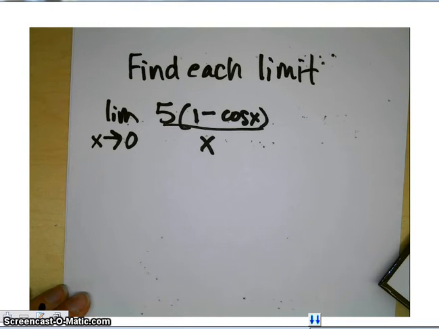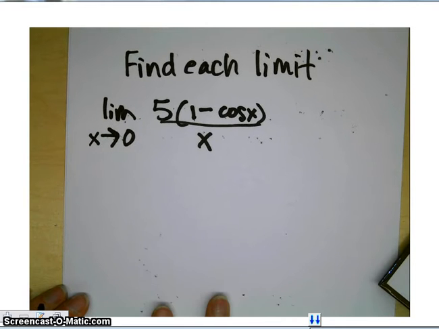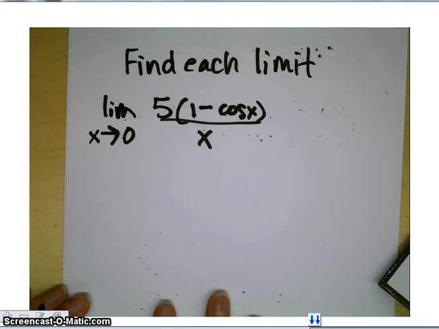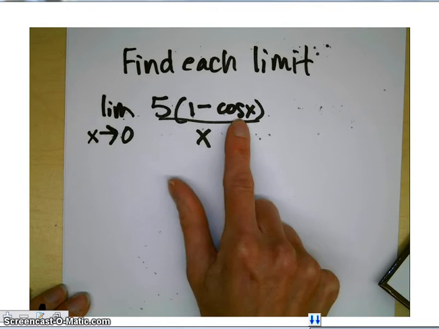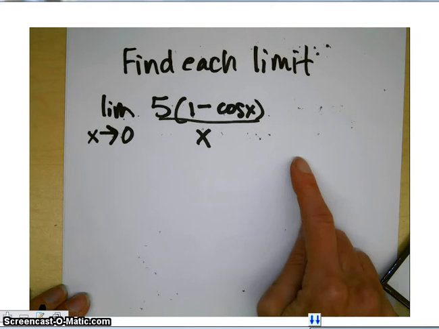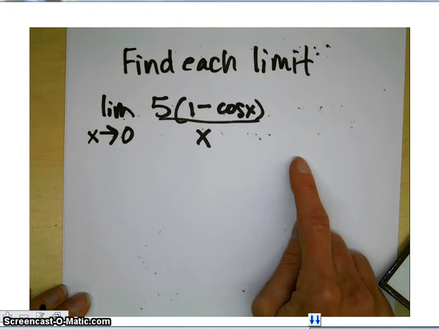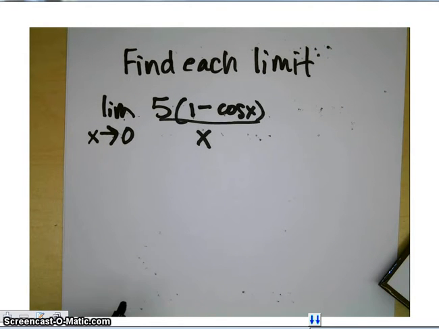Can I use direct substitution? Can I put 0 in? I can. Cosine of 0 is 1. 1 minus 1 is 0, times 5, 0 over, what form is that called? Indeterminate form.